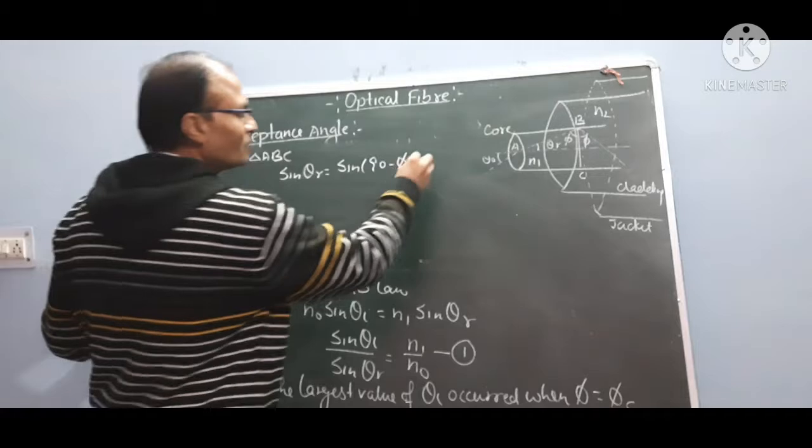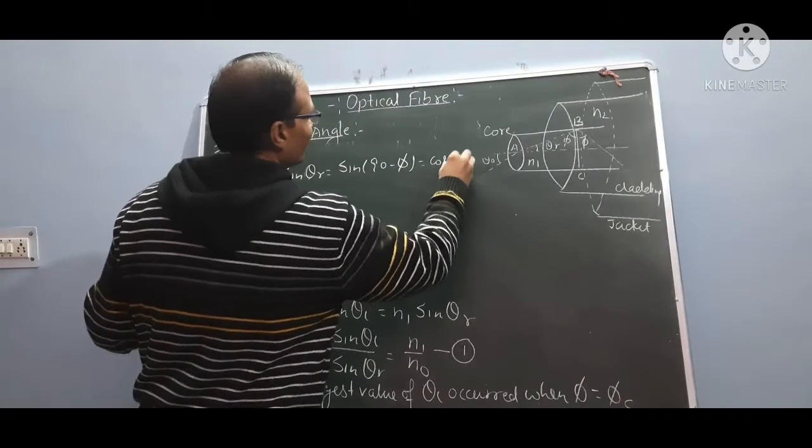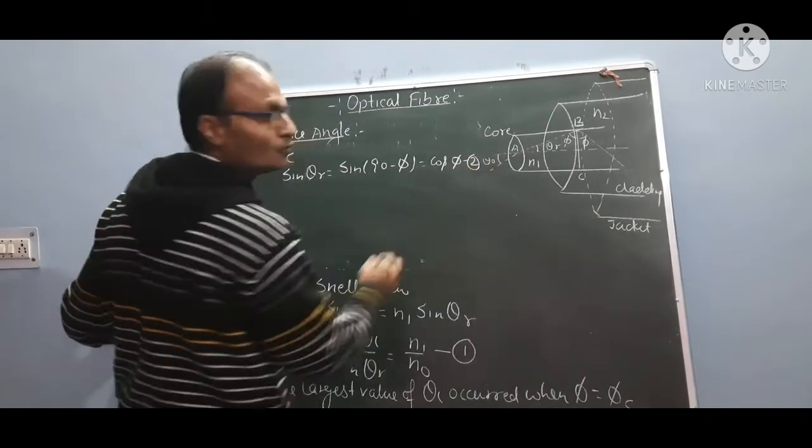Sin of 90 minus phi equals cos phi. So this is equation number 2.